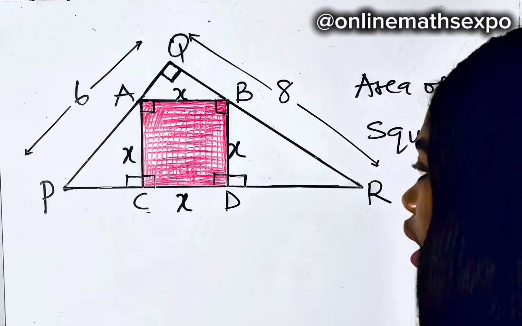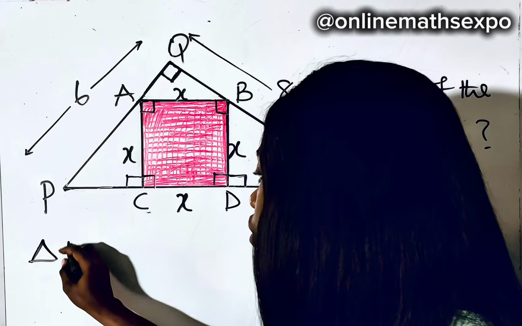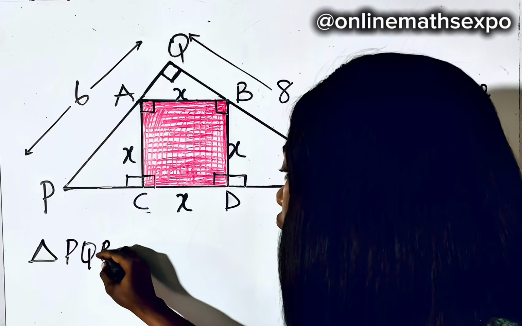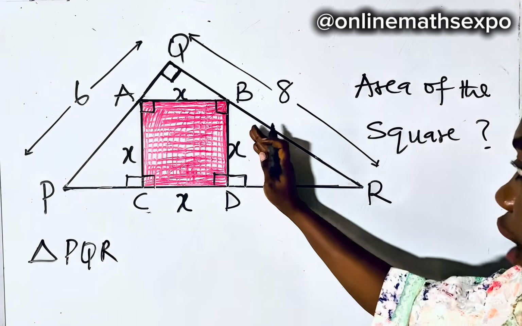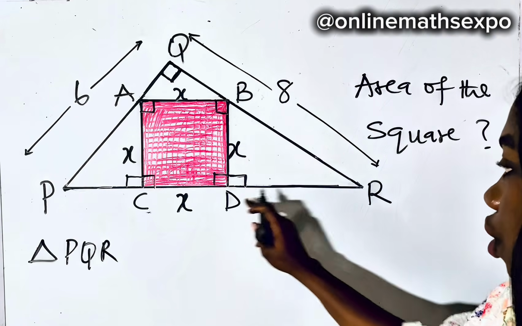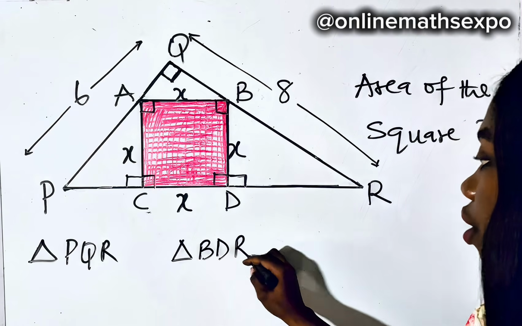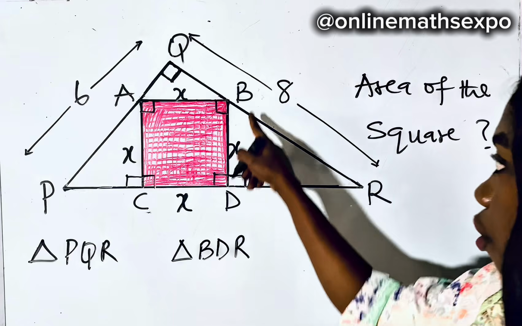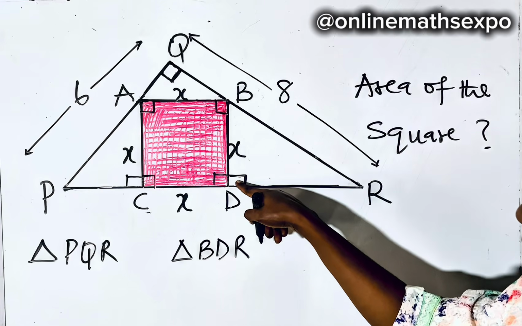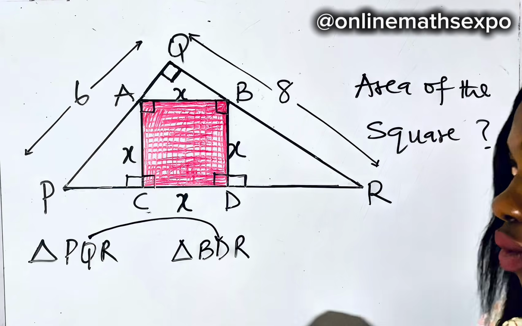Let's consider triangle PQR and triangle BDR. Now remember that PQR is right-angled at Q, and BDR is also right-angled at D. It means that these two angles are equal.